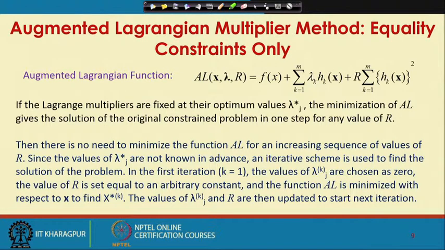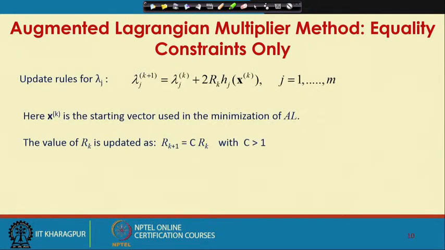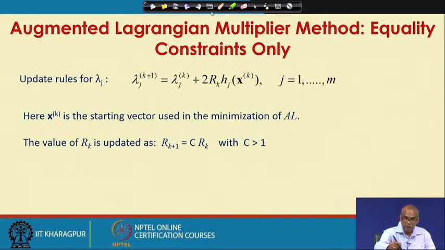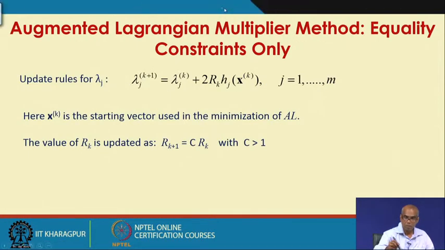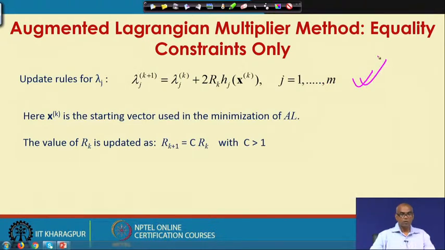The values of the Lagrange multipliers and the penalty parameter are then updated to start the next iteration. So, this is how we can update the Lagrange multipliers, where k denotes the steps or the iterations.